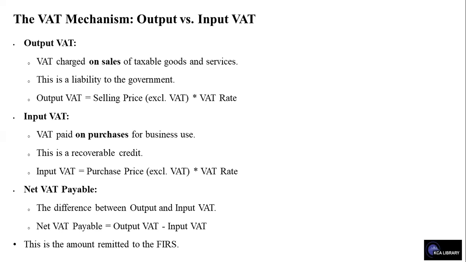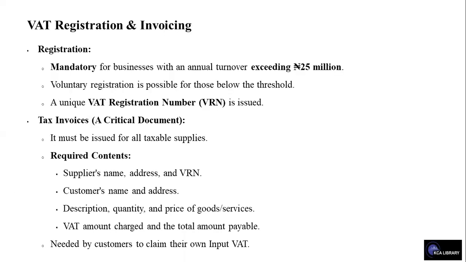Input tax is the VAT paid on purchases for business use, and this is a recoverable credit. To calculate it, it is the purchase price, exclusive of VAT, multiplied by the VAT rate. The net VAT paid is the difference between the output and the input VAT, which is output minus input VAT. And this is the amount remitted to the FIRS.